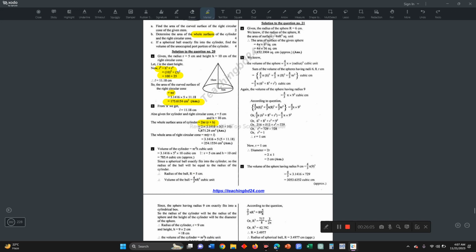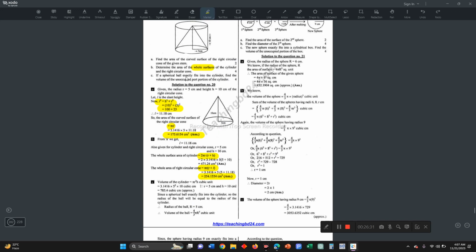All these values are given, so from this question it comes to 471.224 centimeters square. And the whole area of the right circular cone is equal to pi r into r plus l, and it's equal to 254.1554 centimeter square.